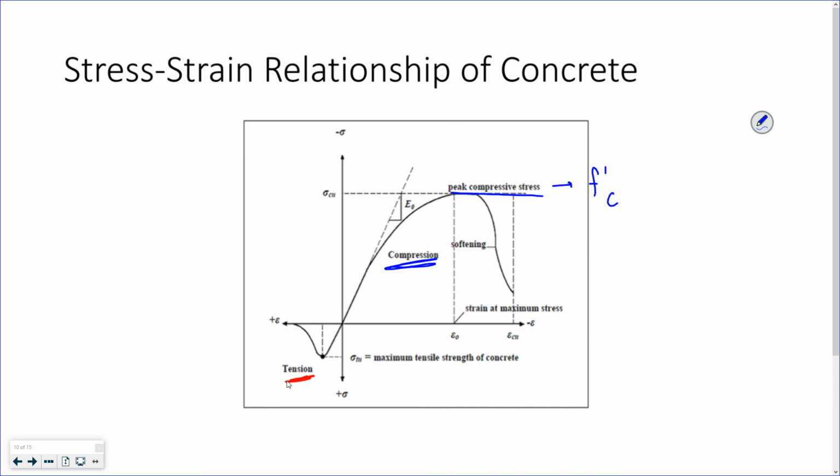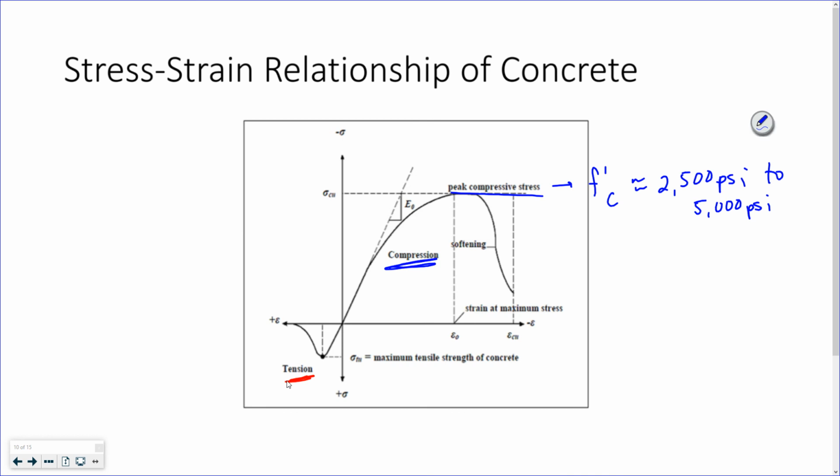This is a symbol that you will be using for the entire semester. f'c is the peak compressive stress of your concrete, and it ranges from about 2,500 psi to 5,000 psi. You can make stronger, you can probably make weaker. But when we're using our design values, we typically estimate 4,000 psi is often a number used. So f'c is your peak compressive stress.